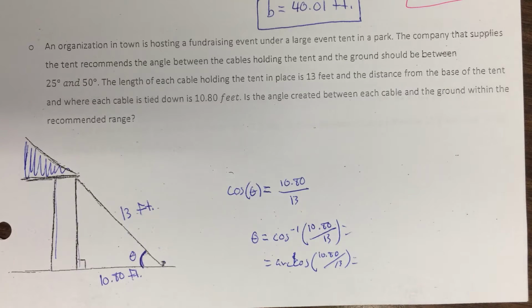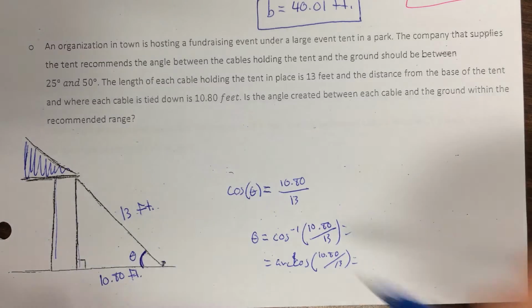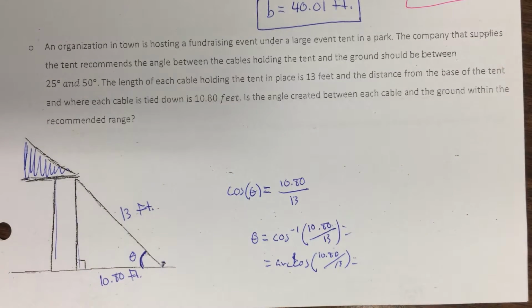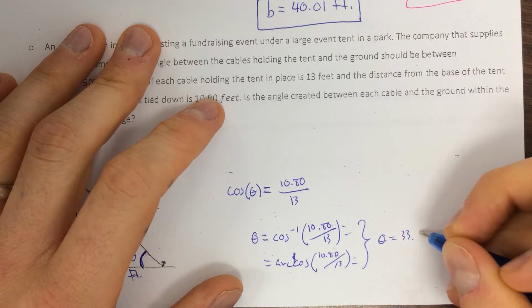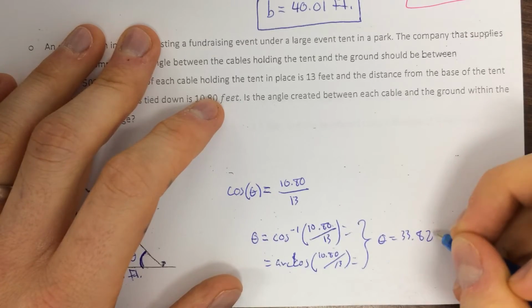And if you do that, then we can put either of these into our calculator. So you can do 10.8 divided by 13, take the arc cosine of that, and if you do that, you would solve and get that theta equals 33.82 degrees.